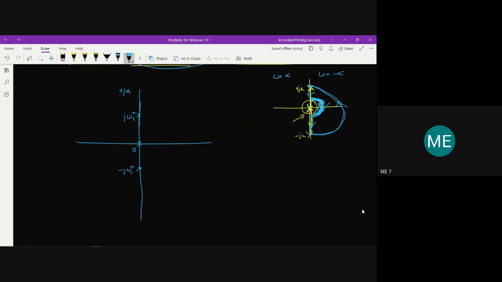If there are poles on the imaginary axis and poles at the origin, say I take this as j0, very near to it, this as minus j0 and this as plus j0. Then one more point here is my j omega 1 minus.